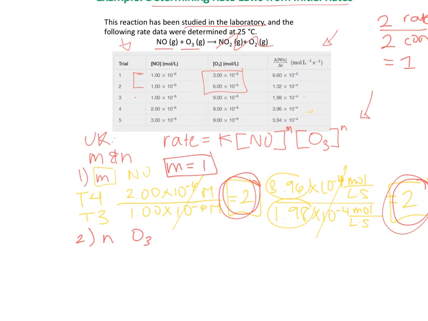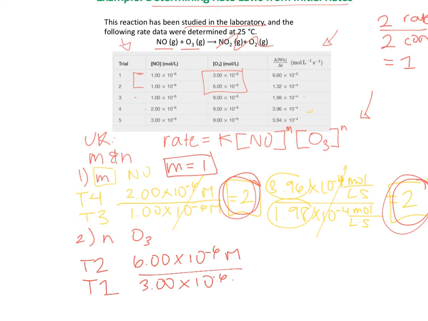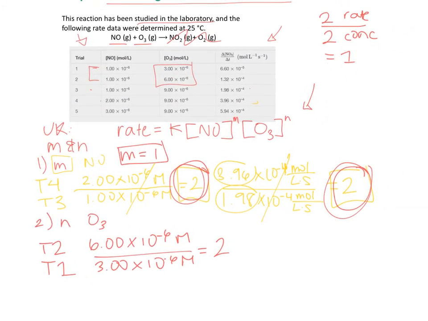So when O3 for trial 2 versus trial 1. For trial 2 we have 6.00 times 10 to the negative 6 molar, and then for trial 1 we have 3.00 times 10 to the negative 6 molar. So right off the bat you can tell that that equals 2. So let's get that out the way.